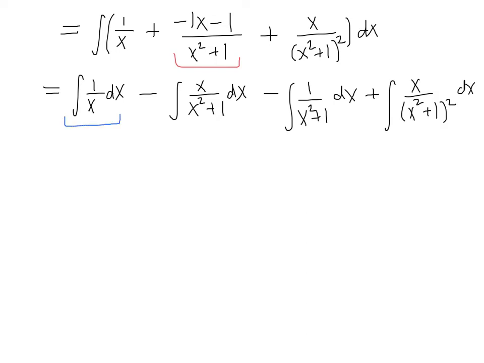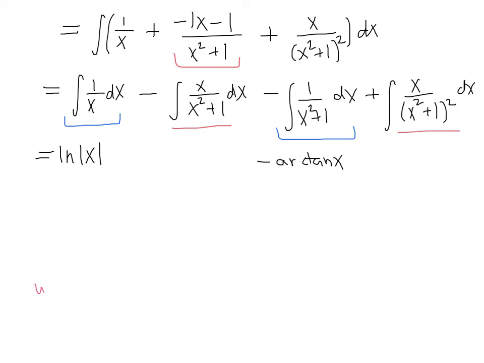Right, now, the integral of 1 over x and 1 over x squared plus 1 are just formulas that you should know. So we have ln absolute value x for the first one, and then minus just arctan x for the second one. Now these other two, we can solve using actually the same substitution.